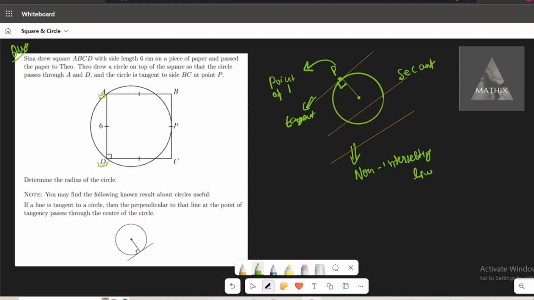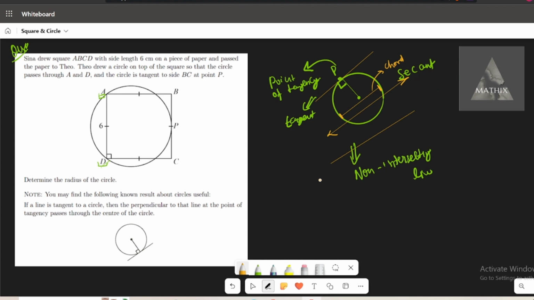You might have studied the chord in your lower grades. What is a chord, and what is a secant? What is the difference between them? A chord is a line segment, but a secant is a line. A line extends to infinity in both directions, but a chord is a line segment with a fixed length. This is the basic difference between a chord and a secant.